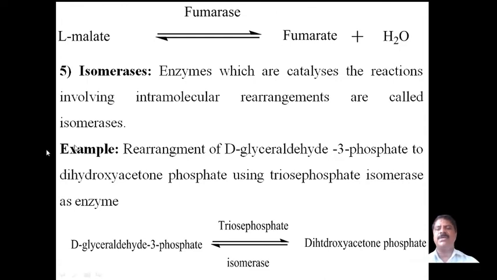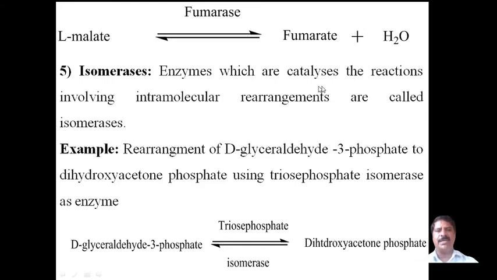Then the fifth class of these enzymes is isomerases. We know that isomers are two or more compounds having the same formula but differing in structure, like in a functional group or an arrangement. That is called an isomerase.